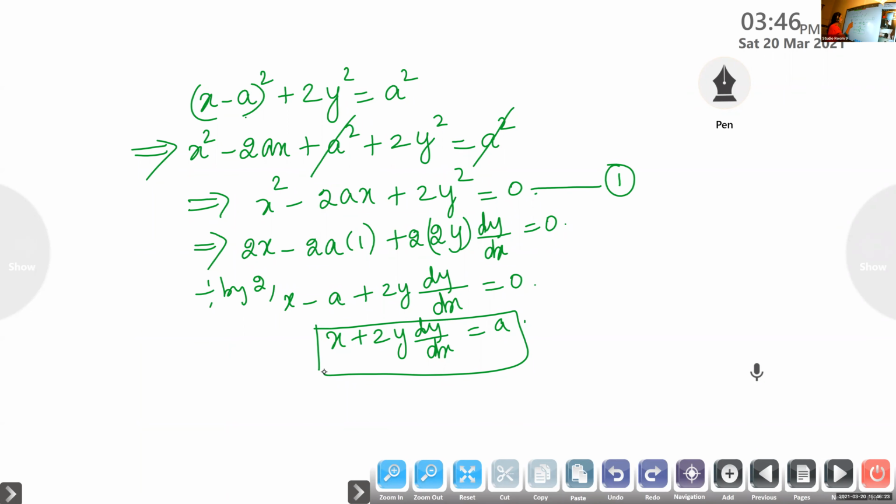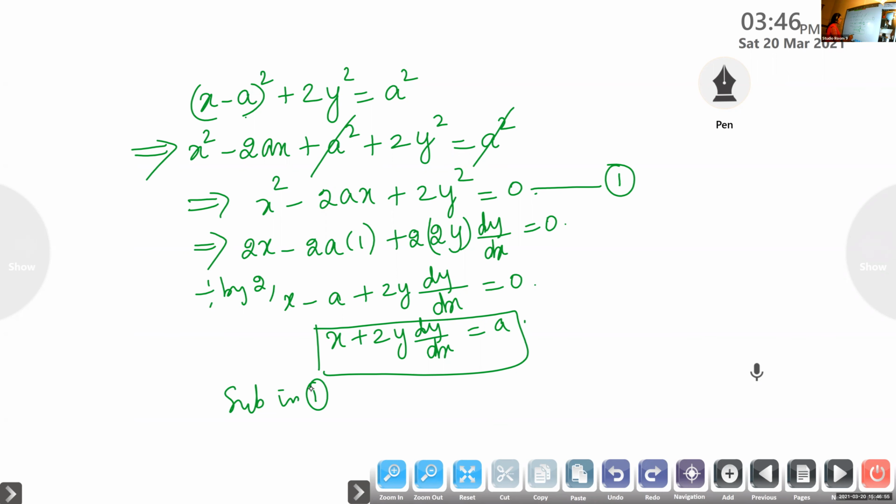Differentiating, the derivative of x square is 2x, minus 2a into the derivative of x, which is 1, plus 2 into the derivative of y square, which is 2y dy by dx, is equal to 0. Divide throughout by 2, we get x minus a plus 2y dy by dx is 0. So that is x plus 2y dy by dx is equal to a.